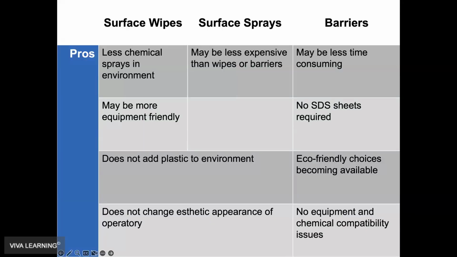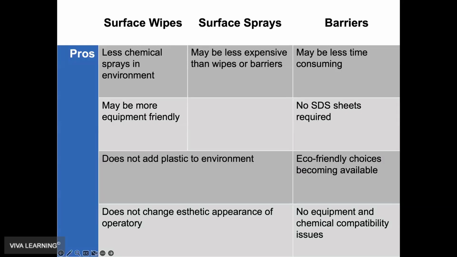There are pros and cons between wipes, sprays, and barrier usage. So the pros of wipes are you have fewer chemicals and sprays in the environment, maybe more equipment friendly. And between sprays and wipes, you're not adding plastic to the environment and it doesn't change the appearance of your operatory.